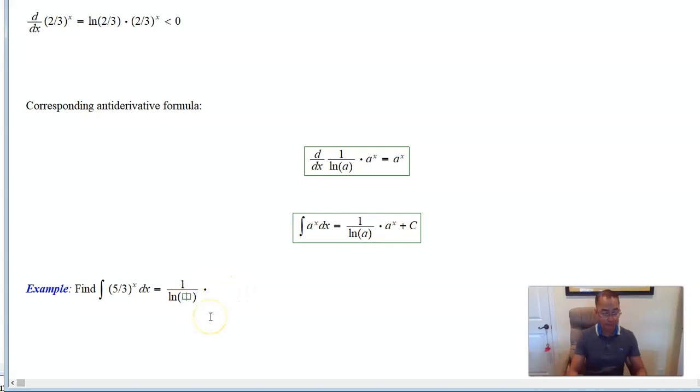We want ln of 5/3 in the denominator, multiplied by 5/3 to the x plus c. Do you have to do anything about ln of 5/3? Well, it's ln of 5 minus ln of 3, but does that really help? No, you're better off just keeping them together.